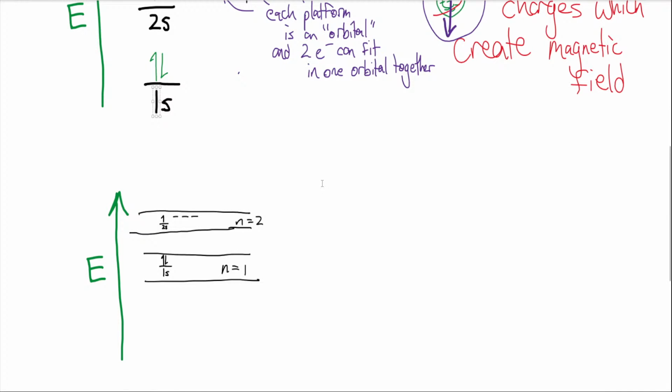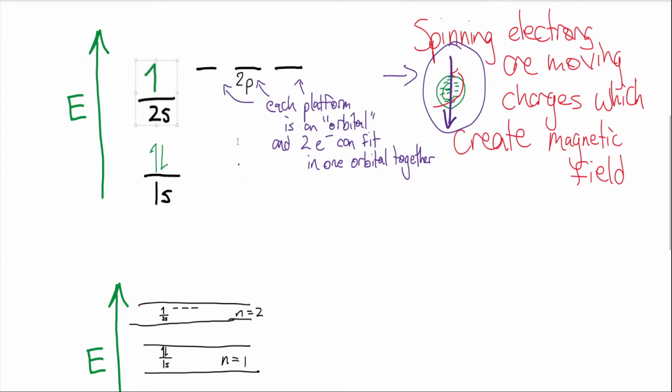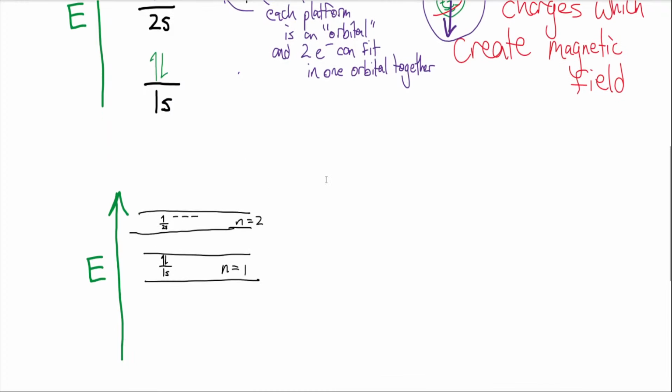Okay, so the S and the P. Let's talk about what the S and the P matter for and what they mean. You can think of S as sphere. So when we say S, we're talking about an electron cloud that looks like a sphere.